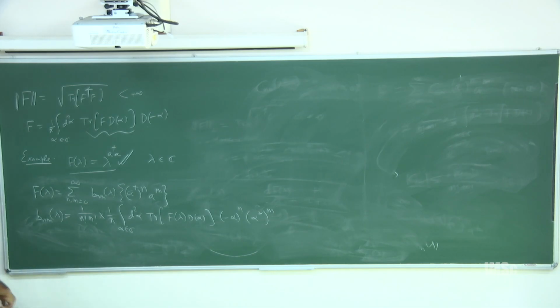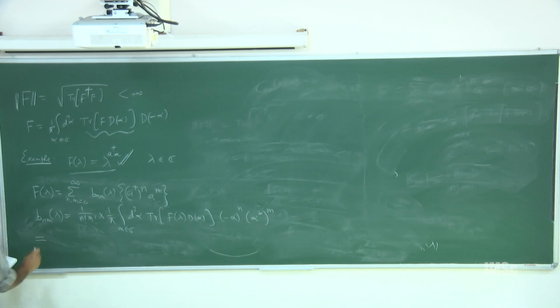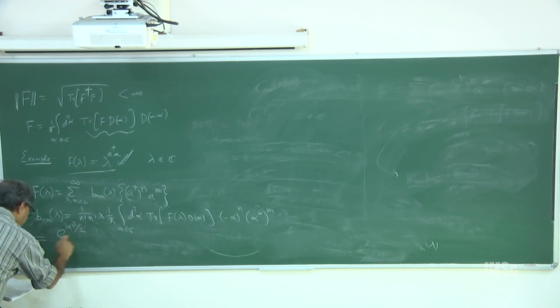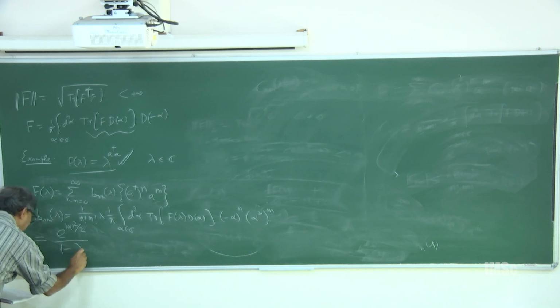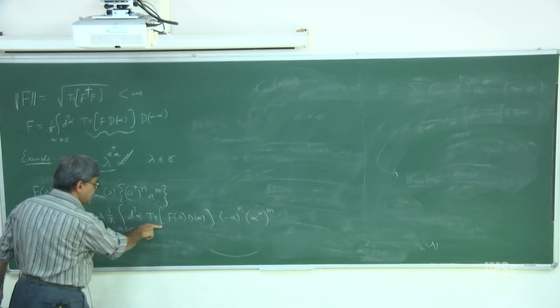If you use this form of f(lambda), what you will see is that this is equal to e to the exponential mod alpha square by 2 divided by 1 minus lambda, into the operator lambda to the power a dagger a. Yes, this expression is true for any f.